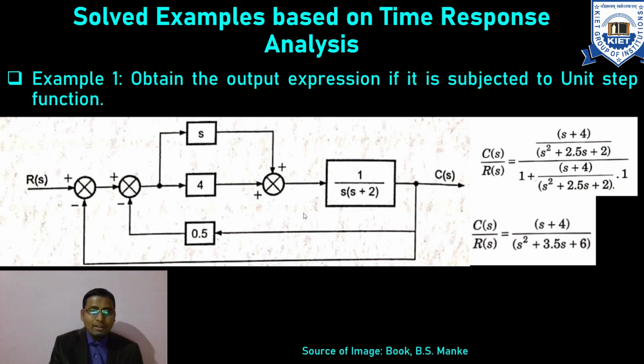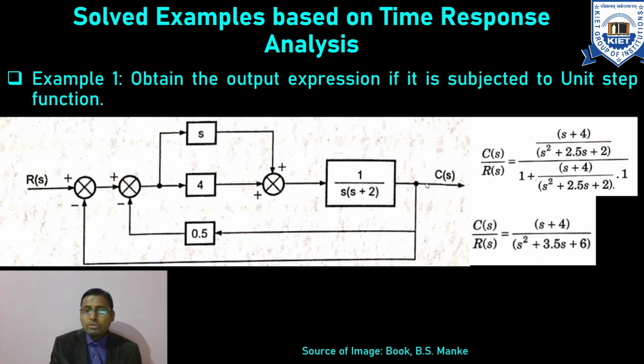So we get a simplified closed loop control system with G(s) upon 1 plus G(s)H(s). G(s) is the forward path transfer function, that is (s plus 4) into 1 upon (s plus 2) into s, divided by 1 plus 0.5 multiplied by this overall G(s). After further simplification, we get a unity feedback with a negative sign at the bottom.